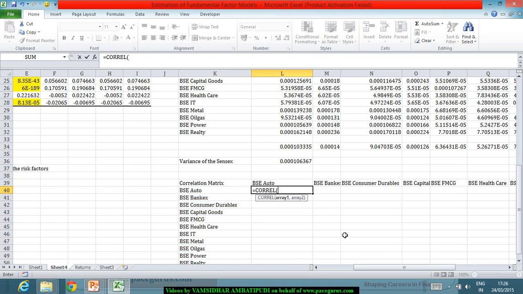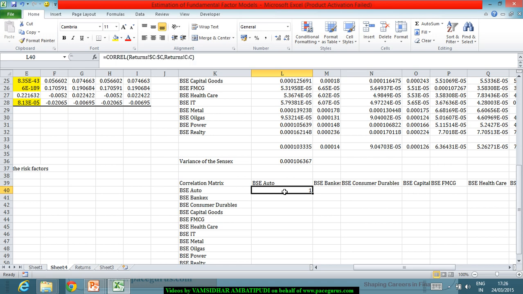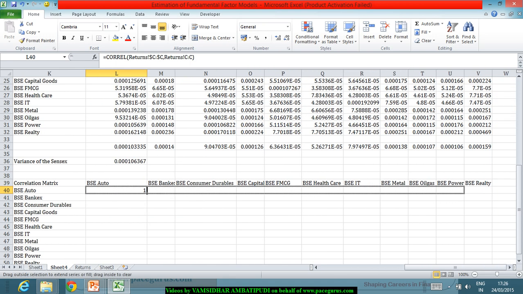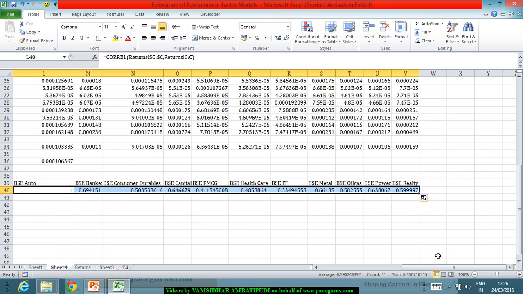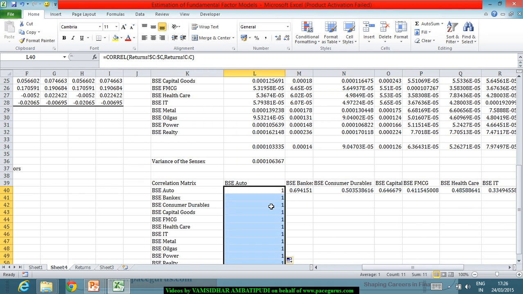I'll simply say equal to the correlation between the C column and the C column again. If I take the correlation between auto and auto, it's always 1. But if I look across, between some of them the correlation is very, very high.